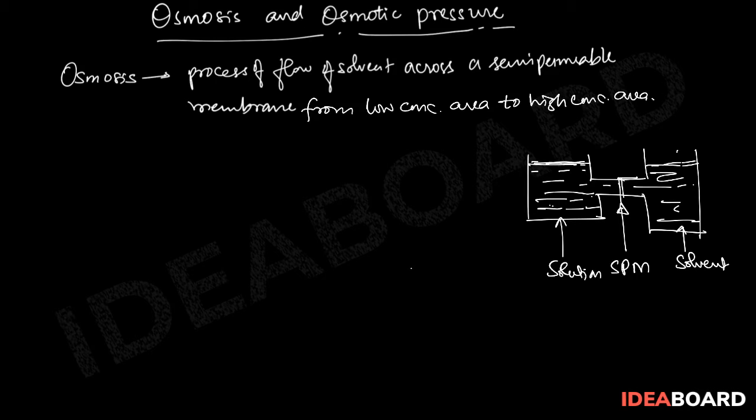The pressure being applied on the surface of the solvent is atmospheric pressure, and because there is a semi-permeable membrane and a higher concentration of solute here, because obviously solvent will not have any solute, the concentration of solution will be more here.